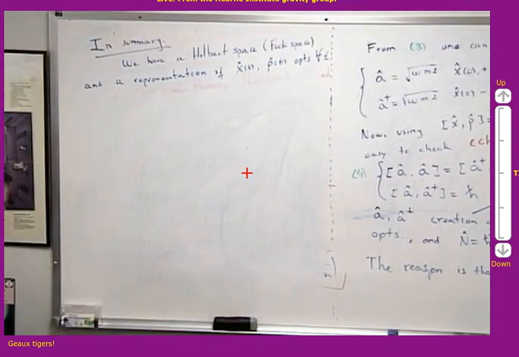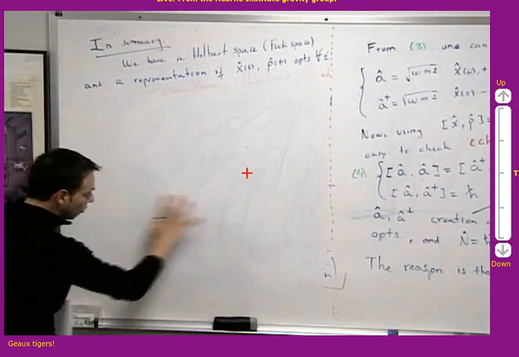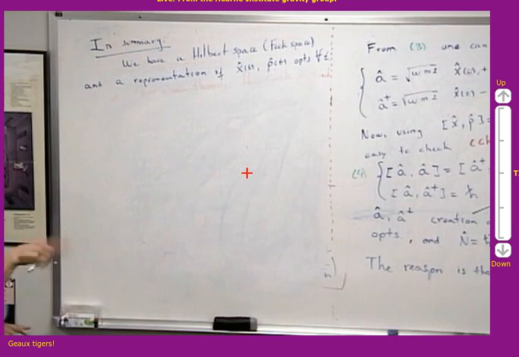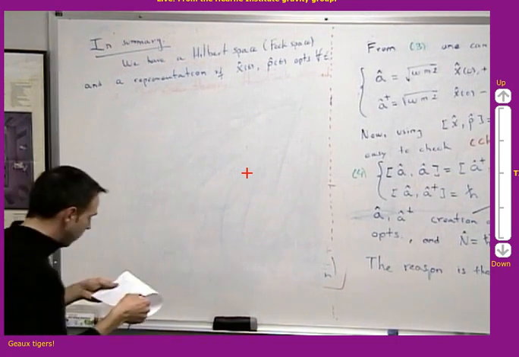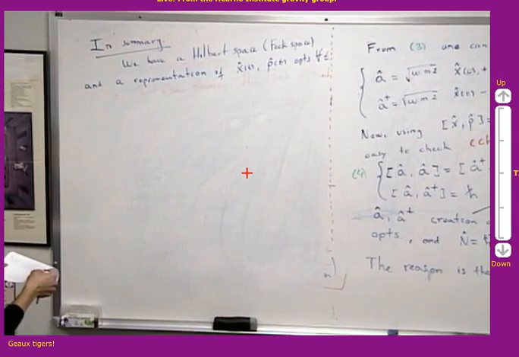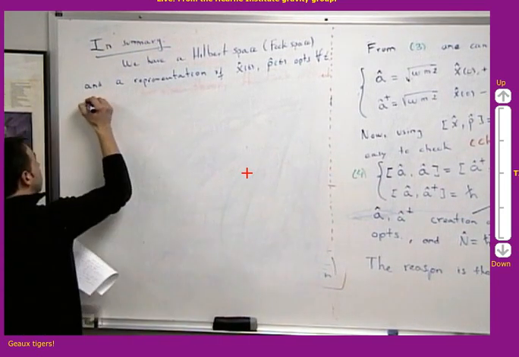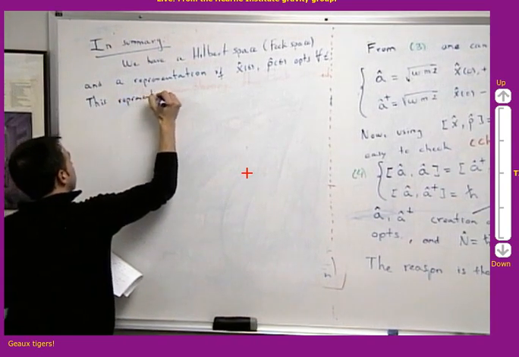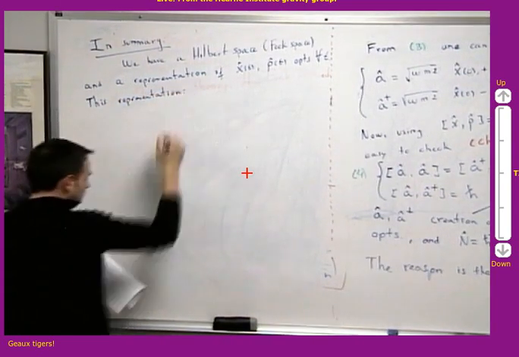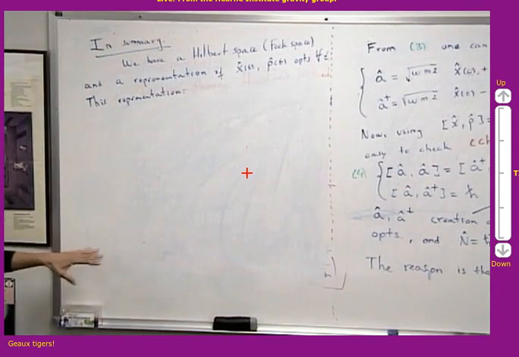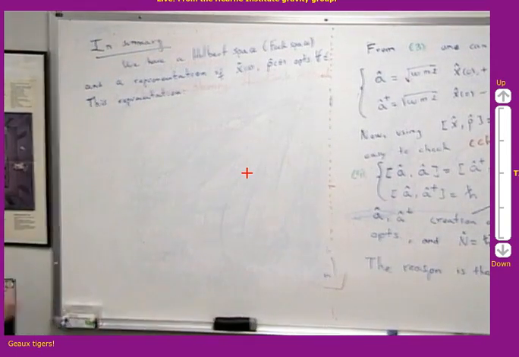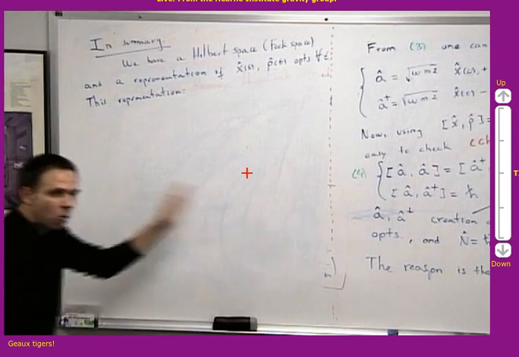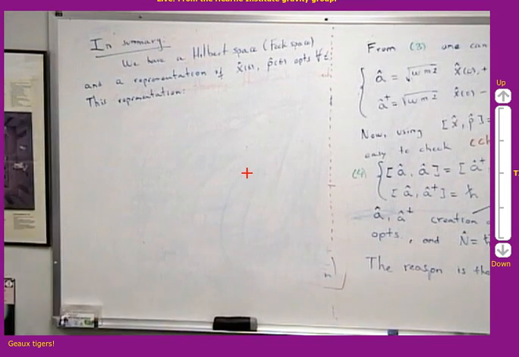I just, unfortunately, erased the x equal to a dagger function, a function. This representation is called a representation because it tells us how x and p act on the Fock space. We know how a and a dagger act, so we know how x and p act. So it's a representation.